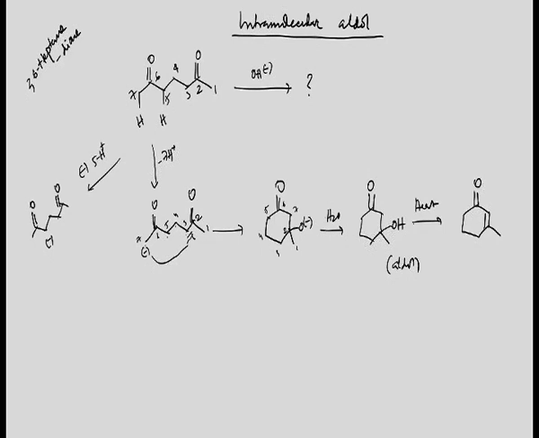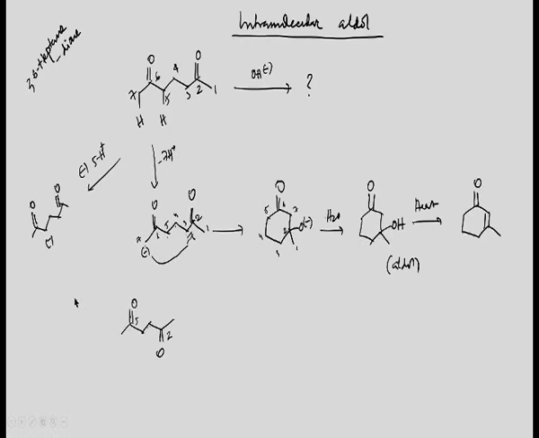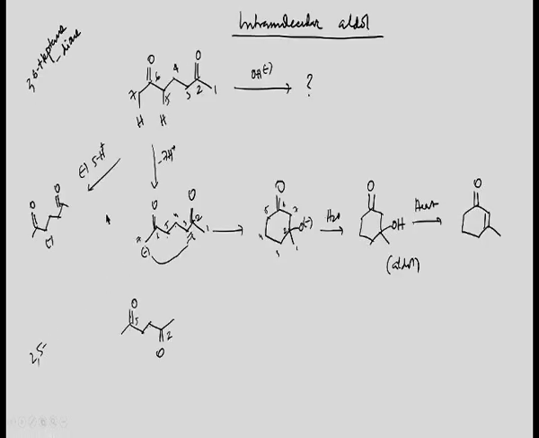So this is the 1,5 keto system. Now we can discuss the 1,4 keto system also. So suppose this one. So this is 1, 2, 3, 4, 5, 6, so 2,5-hexanedione.